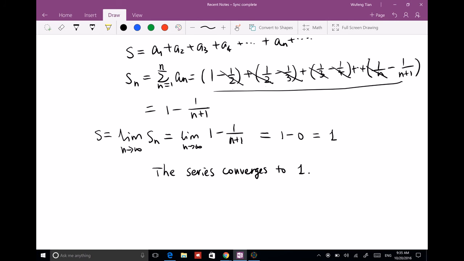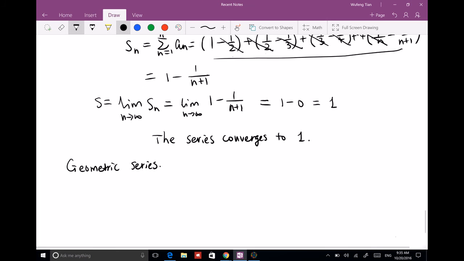Let's look at a geometric series. Does anyone still remember what a geometric series is?